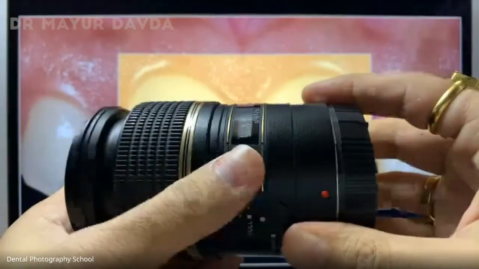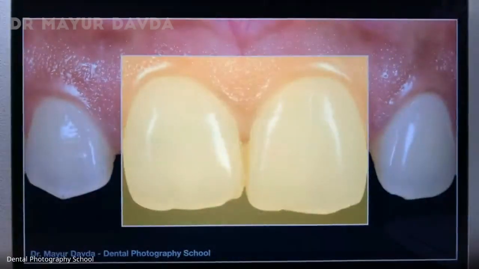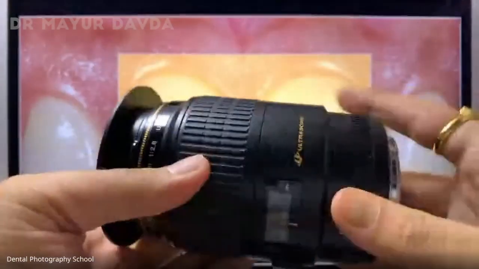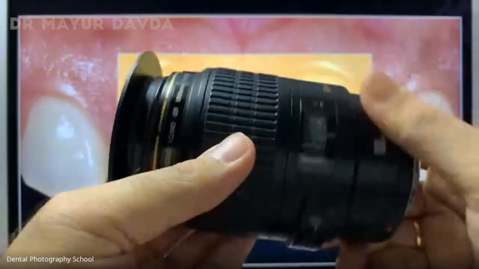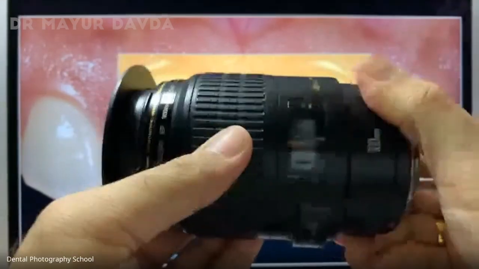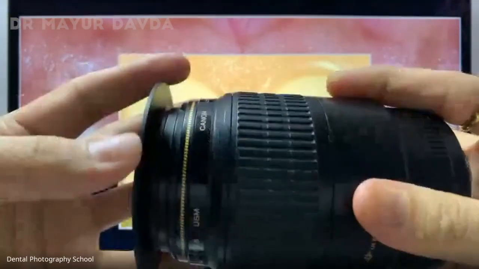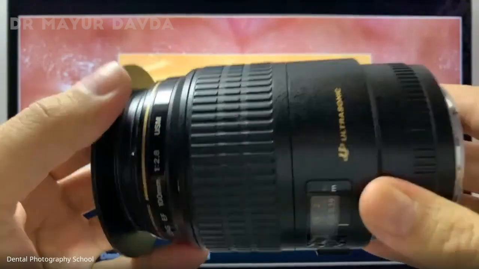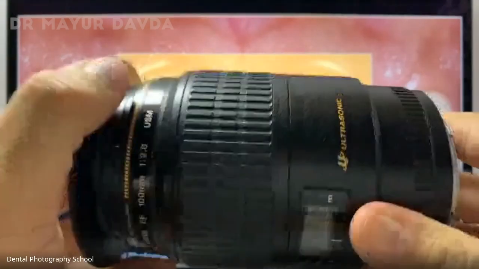This is a 90 Tamron, one of the worst lenses for dental photography. But look at the Canon 100 macro lens. Even if I am trying to focus, it does not change its dimensions. So if a ring flash is attached in front of it, it's not going to move at all.